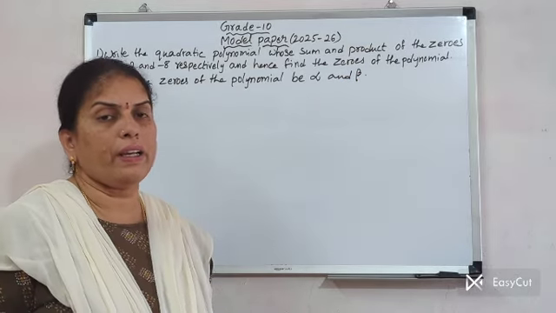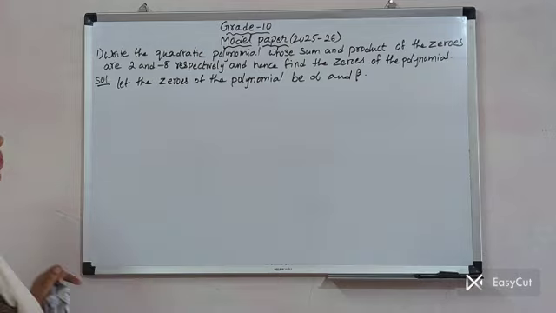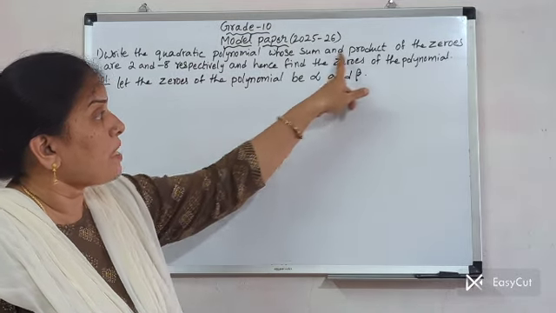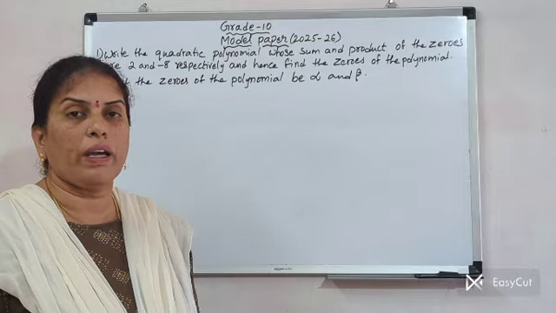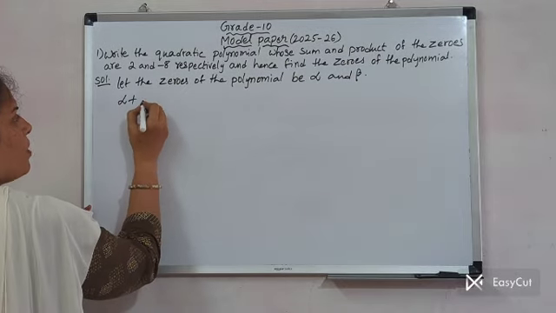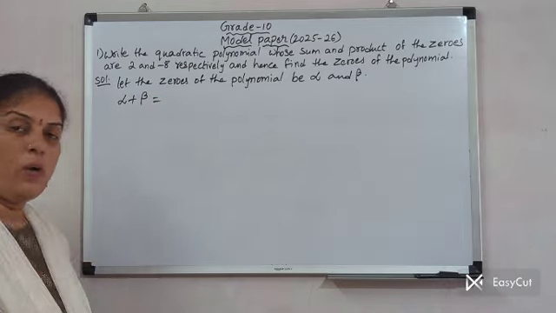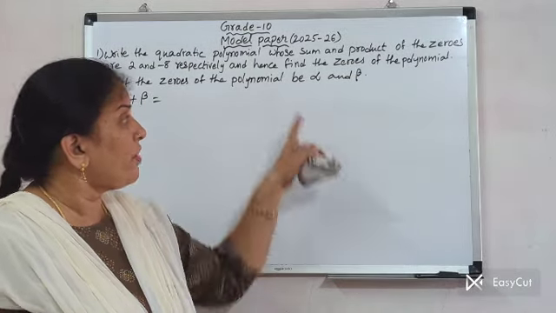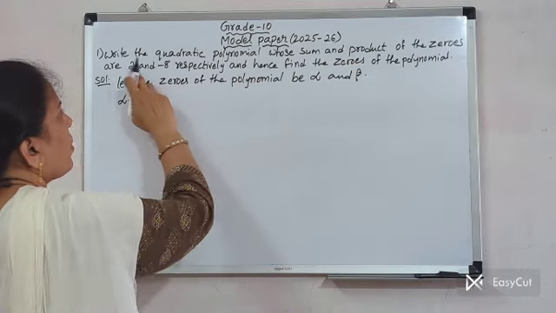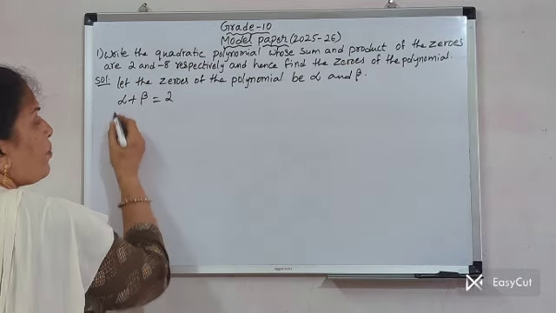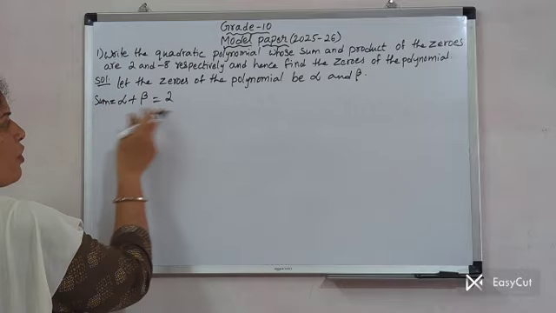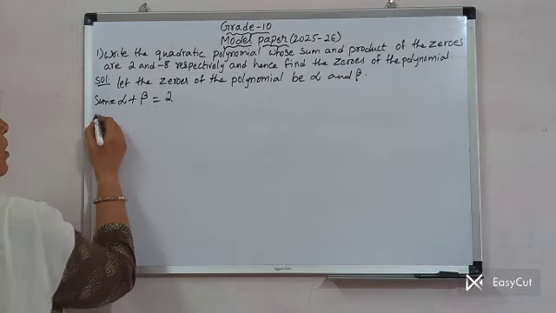Now what is the sum of the zeros of the polynomial? Sum means addition. Alpha plus beta is equal to, what is the formula? Sum means addition only, no? We have to add alpha and beta. How much did they give in the question? 2. Sum is alpha plus beta is equal to 2.